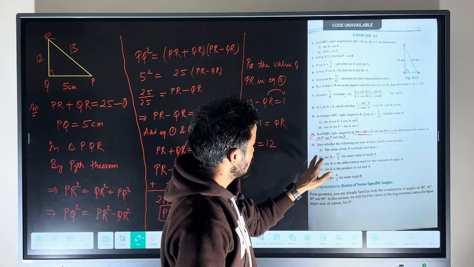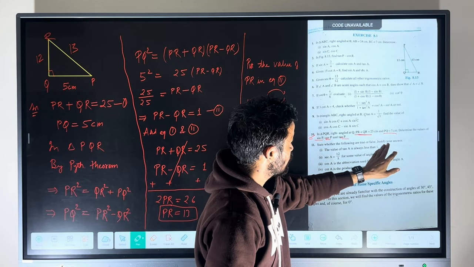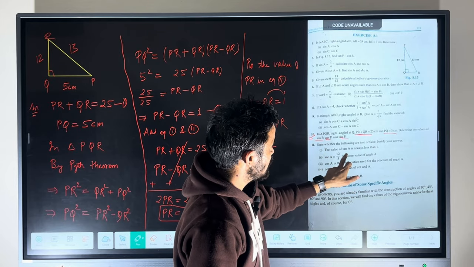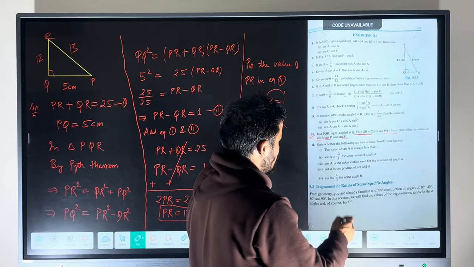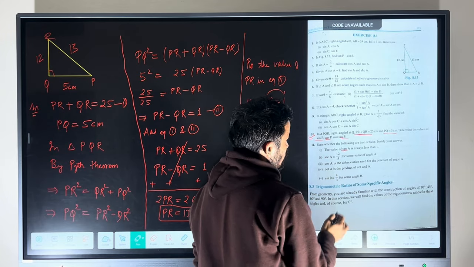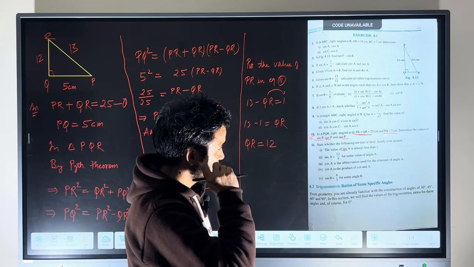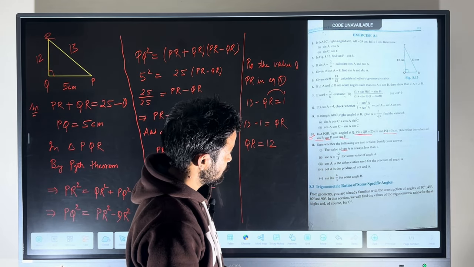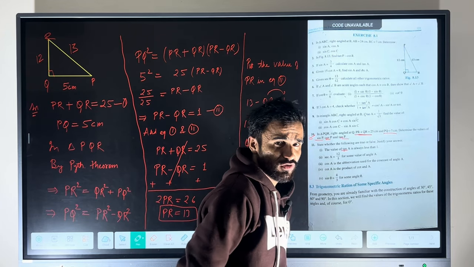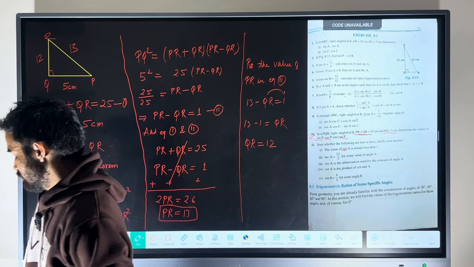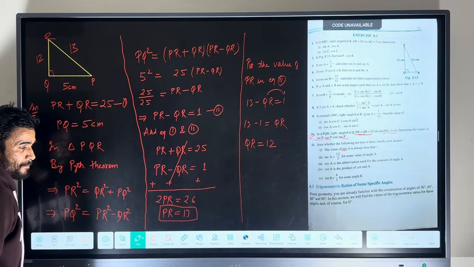And the next question: state whether the following are true or false, justify your answer. The value of tan A is always less than 1. Is it true or false? Will it always be less than 1 or not?